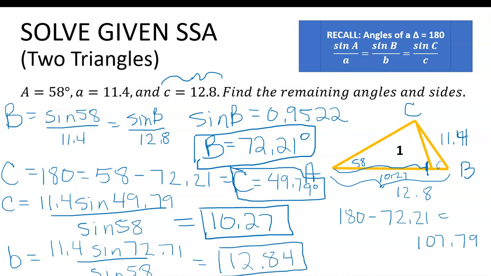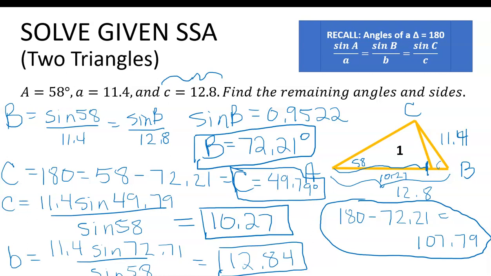So there we have found all of the angles only for triangle 1. This problem is not done because if you remember, we had this other issue over here, with the other B that we found. So we now have to consider that triangle.